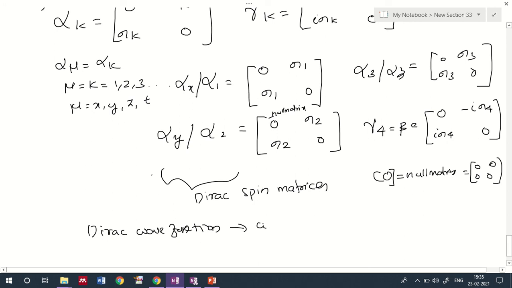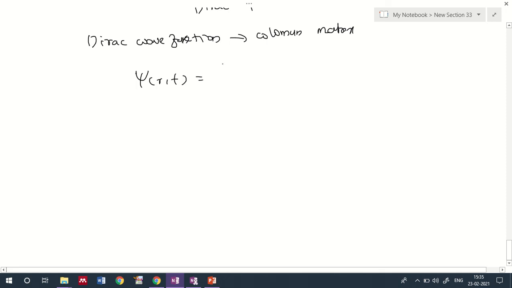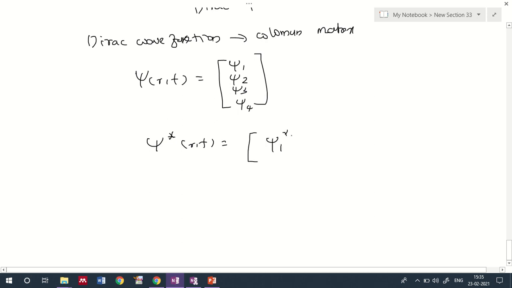So we have a column matrix corresponding to that, which has 4 wave function components. So the wave function psi of r, t is a column with psi 1, psi 2, psi 3, then psi 4. And if you take psi star of r, t, then it takes the form psi 1 star, psi 2 star, psi 3 star, then psi 4 star.